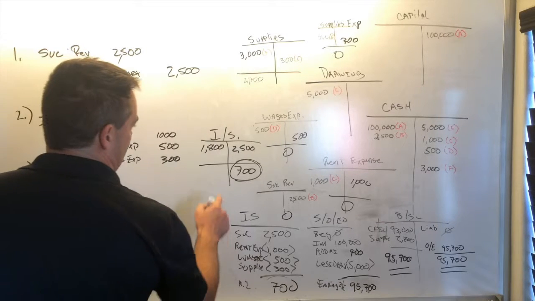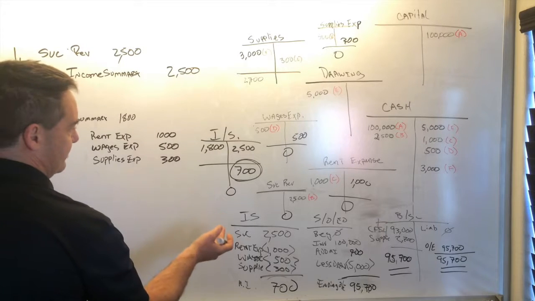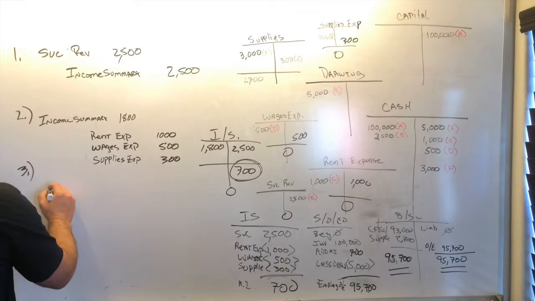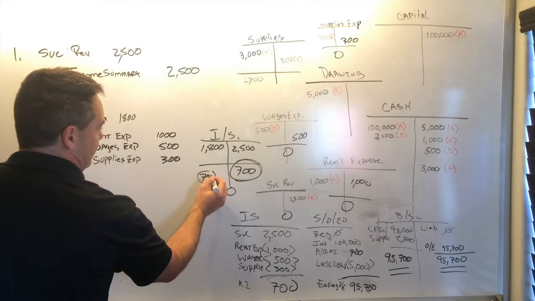So if I want to make this account zero, close down that account, and as it has a $700 credit balance, we're going to have to debit this account $700, right?